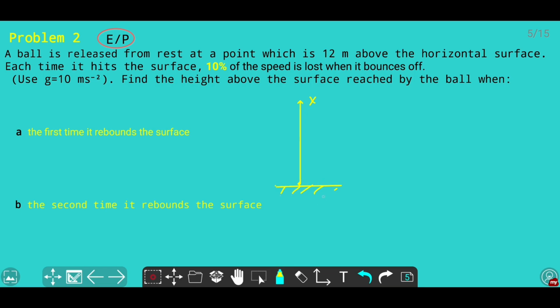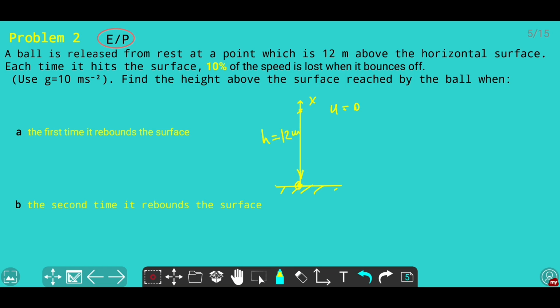All right, so it's released from rest, meaning initial velocity 0, at a height of 12 meters. Okay, and it goes down before it collides with the surface.